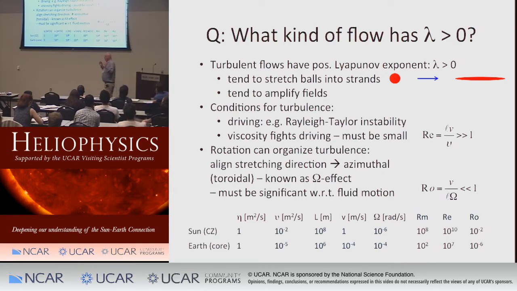However, how do I get turbulence? It turns out you need some sort of driving. So you need something that basically wants to stir, and it could be your spoon in the coffee. In astrophysical systems, there aren't a lot of spoons out there. So it tends to be heat trying to get from one place to another that will drive an overturning kind of turbulence. But you also need the viscosity to be small enough that it doesn't dissipate that turbulence, doesn't keep the turbulence from forming.